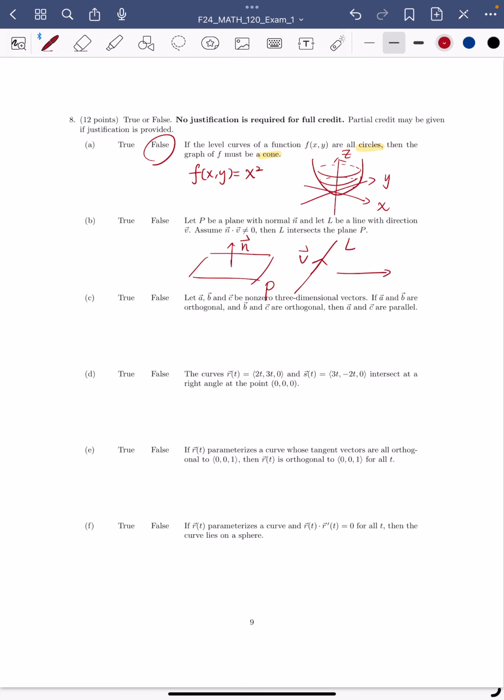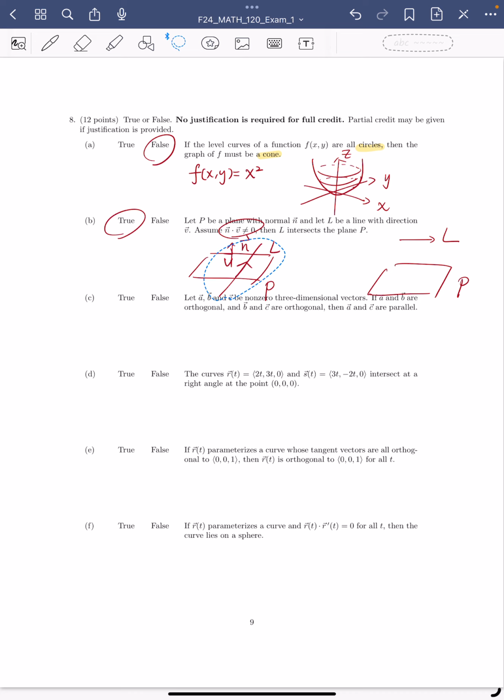If they're perpendicular, L could be like this and lie above the plane P. They never intersect. But because of this condition, they should intersect somewhere, like this, for example.